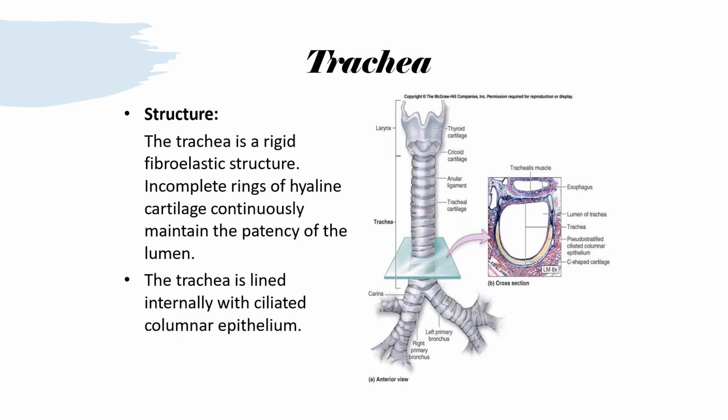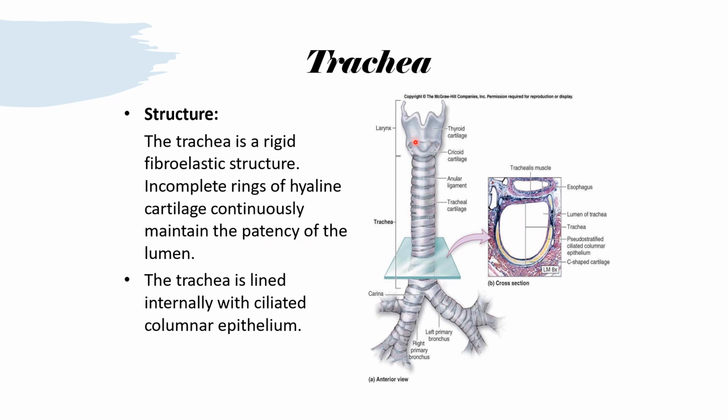Coming to the next slide, the structure of the trachea. The trachea is a rigid fibroelastic structure, as you can see in this diagram. It is made up of incomplete rings of hyaline cartilage, continuously to maintain the patency of the lumen of the trachea.